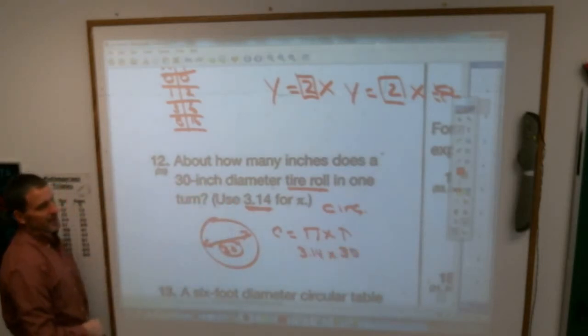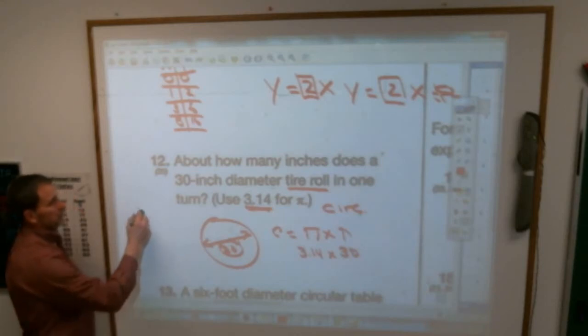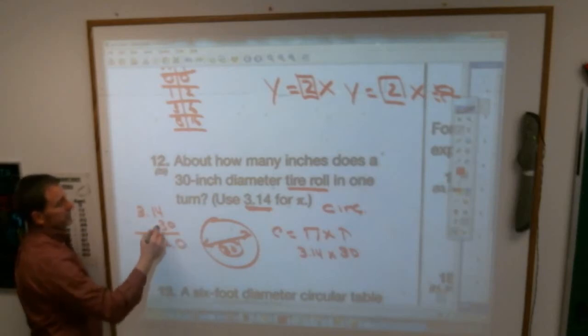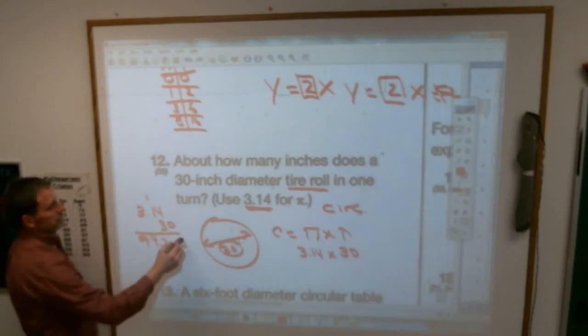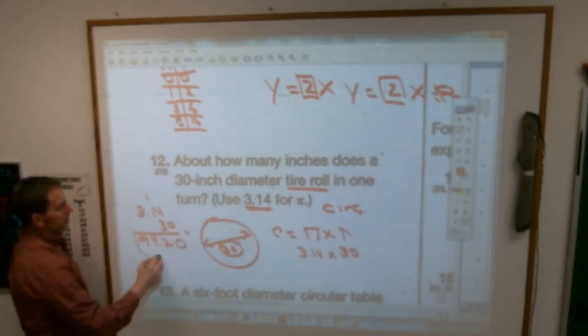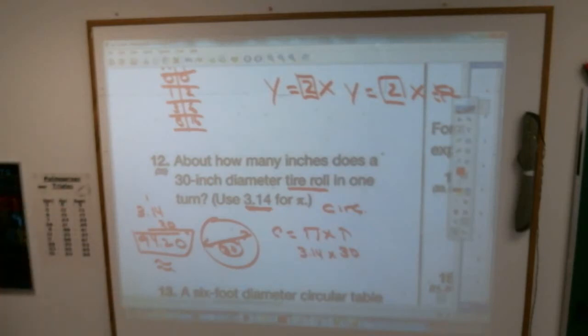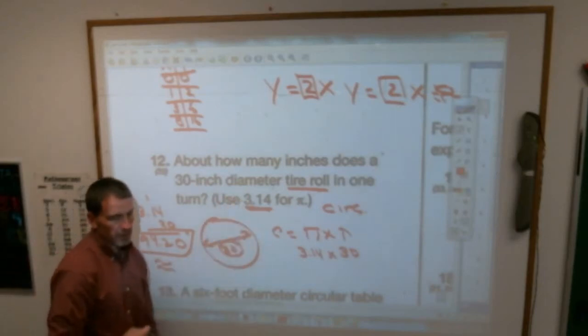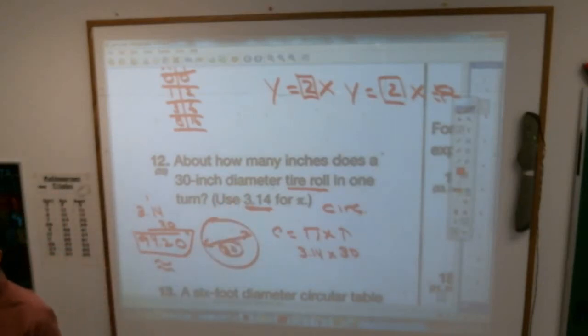You can't tell me just 90 because that is about. You're in 7th grade, you should be able to get as close as humanly possible. 94.2 inches. And that's still an about. That's not an exact number because 3.14 is not. And that's the same reason for number 13, because that is an approximation, they say approx.